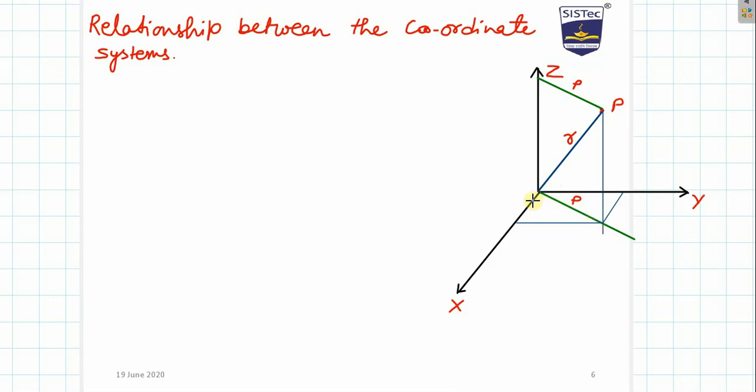Now this angle, you know, is phi. So this is your phi angle, and this angle is theta. And now this one is z, this is x, and this is z.